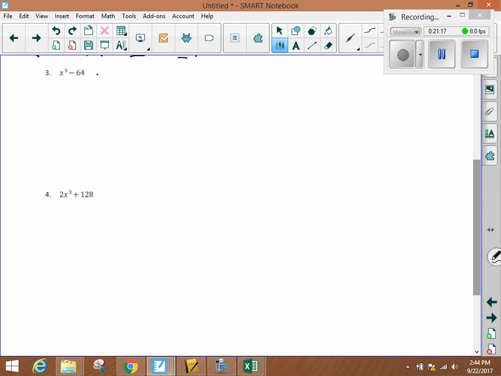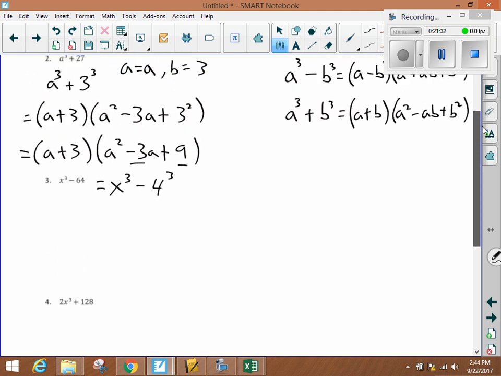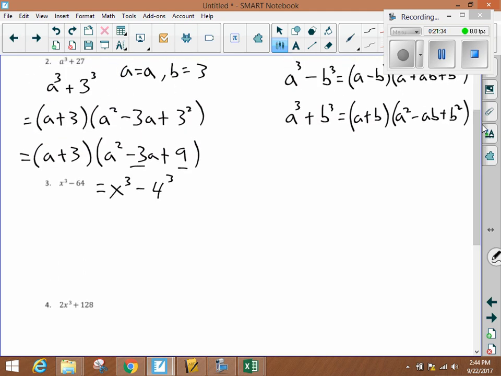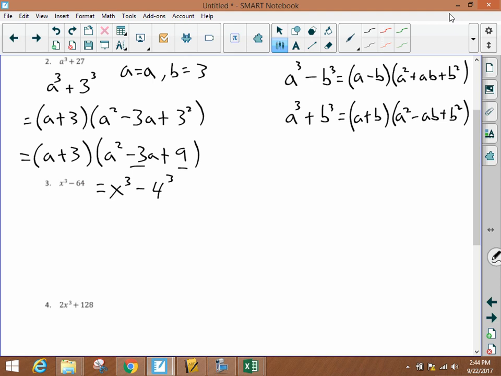So I'm going to write this as x cubed minus, and what is the cube root of 64? It is 4. So then, let me scroll this up so I can look at the equation that I have here. I'm going to use my difference of cubes on this.